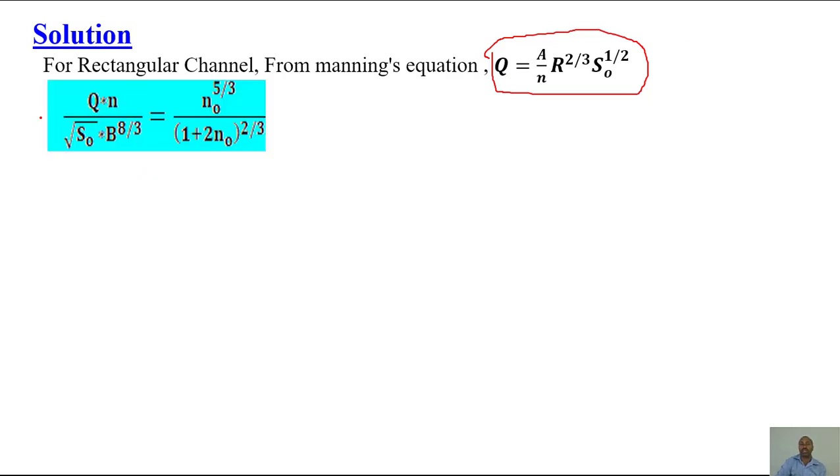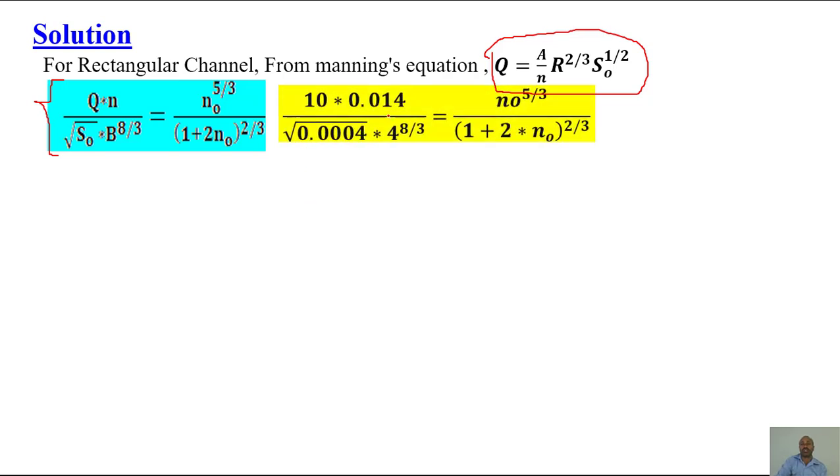So for a rectangular channel, we have this general equation for the iteration. In a short time, you can calculate y naught over b. You have the discharge Q given, n given, bed slope given, and bottom dimension given. So for a rectangular channel, this is the equation.